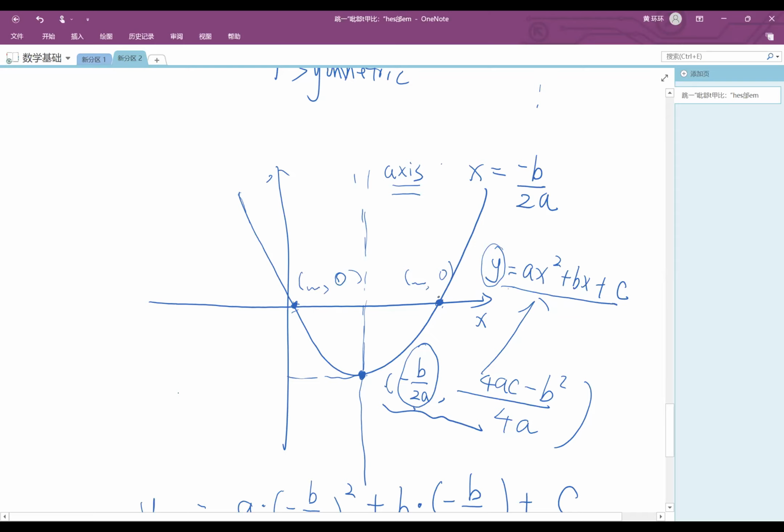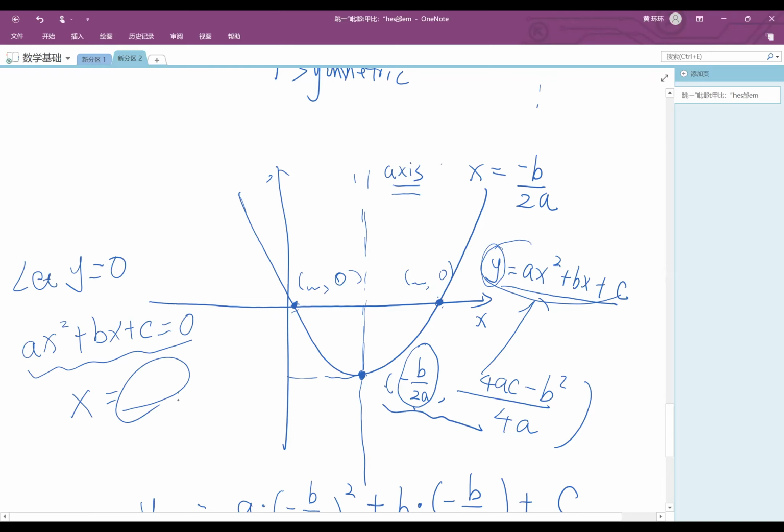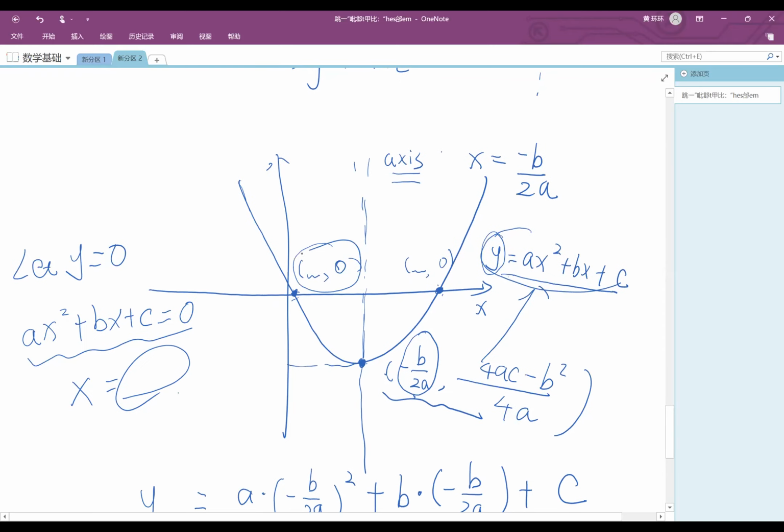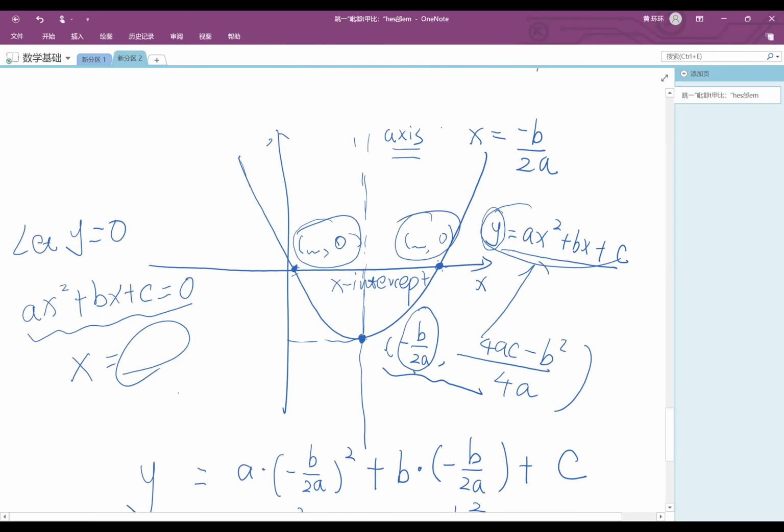If we let y be equal to 0 in this equation, we get ax squared plus bx plus c is equal to 0, and we can get x is equal to what, right? So we can compute the x-intercept for this parabola, and these 2 points mean the x-intercepts for this parabola. Okay, let's see the following example, you will get it.